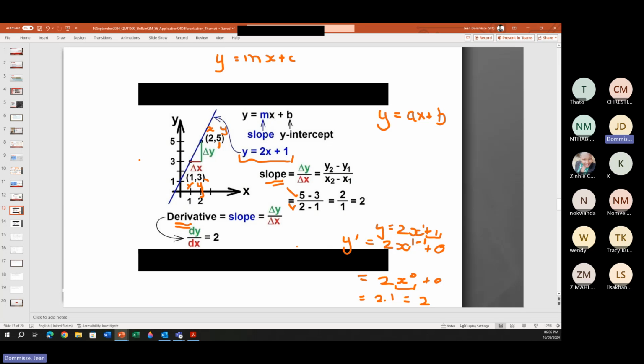Or they can ask you to work out the marginal cost, or the marginal revenue, or the marginal profit.